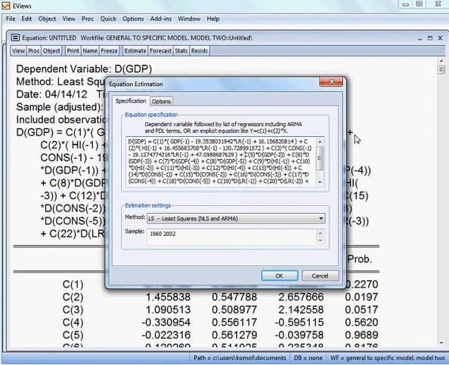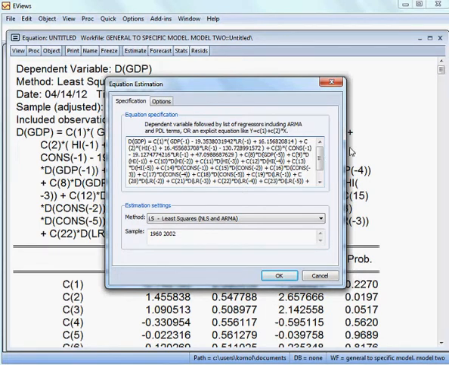I shall be dropping C5, C6, C7. C8 I shall not drop because it was significant. C9 was significant. C10 was significant. C11 is significant. C12 is significant.